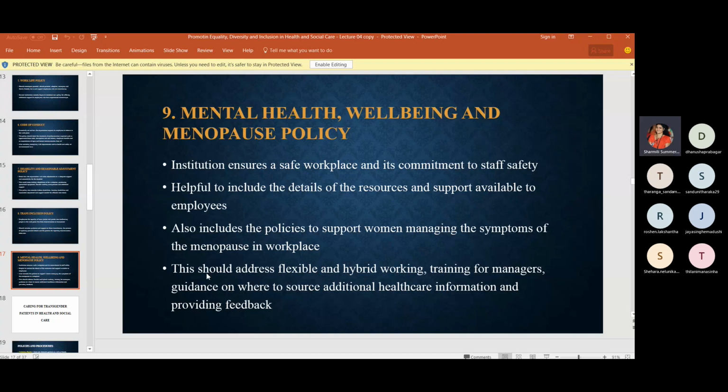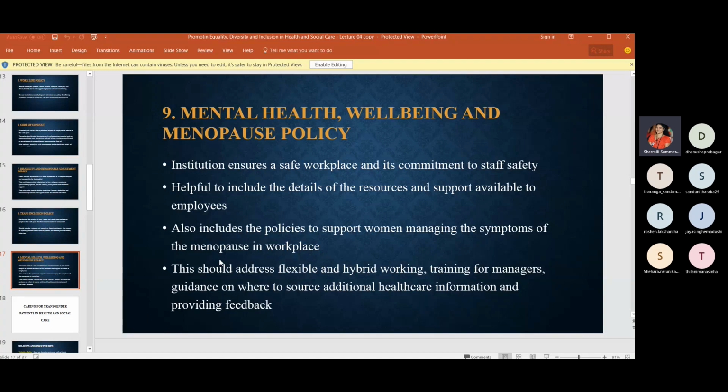The people who are experiencing menopause may not be able to tell. If the person is frustrated, very depressed and stressed, and if the employer or institution increases the workload further, definitely their emotional, mental, and physical health will all collapse and be affected. So each and every institution should have a menopause policy as well.